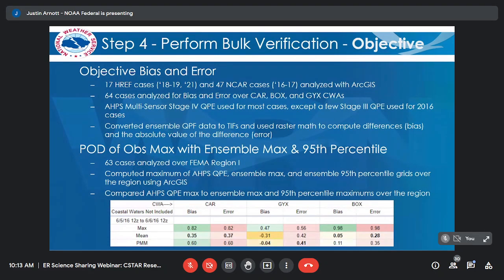But given that we had the data itself, we were able to compute that and look at it, because there was at least a guess that maybe the max would be too hot, and so maybe the 95th percentile would be a better way to go. It was just a hypothesis and a thought that we examined. And so we looked at 63 cases to review whether we were able to capture that max, or whether we overshot it, or whether we came far short of it. So that's the basic idea there.